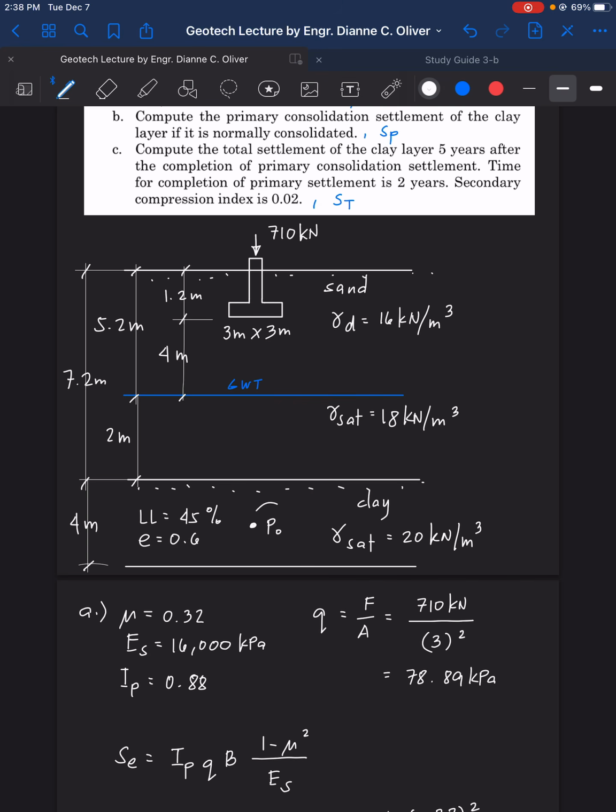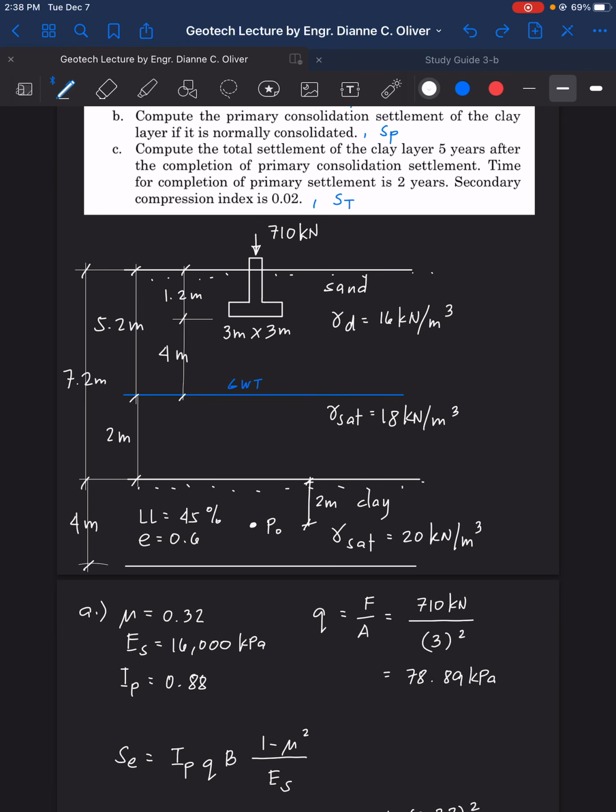For P sub O here, we have 5.2 multiplied with gamma D, plus 2 times gamma sat 18 minus 9.81, plus the mid height of the clay layer, that is 2 meters, times gamma sat minus 9.81.